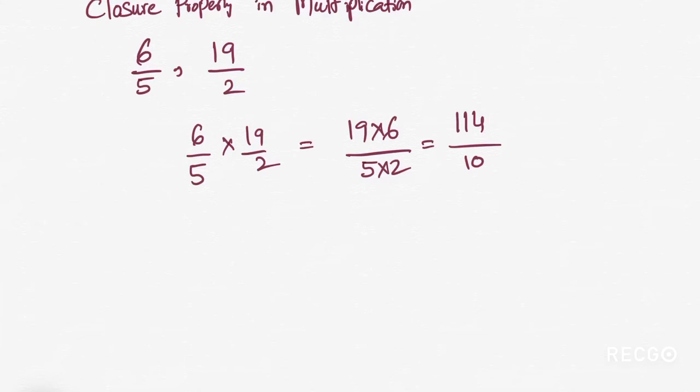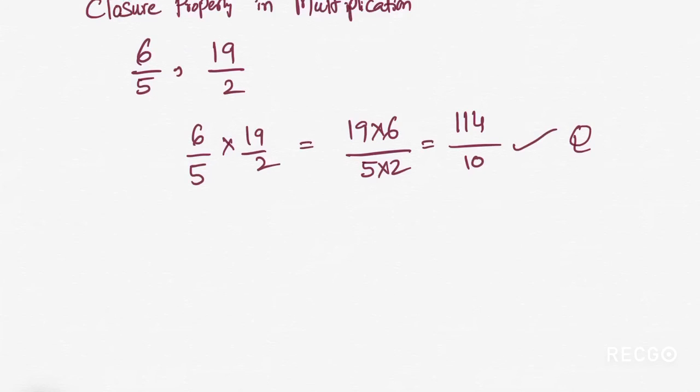Numerators will be multiplied and denominators will be multiplied. It's not like addition and subtraction, where we have to take the denominator LCM and make denominators equal. Here we directly multiply like this. Therefore, we again got a rational number.